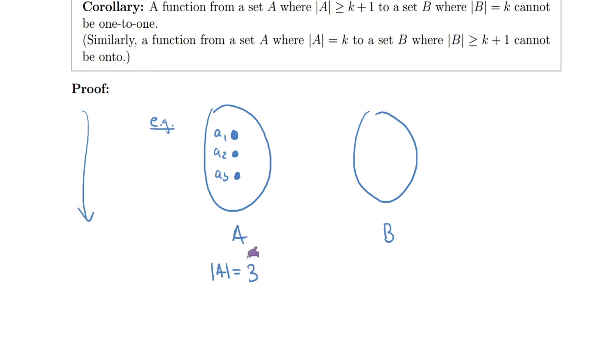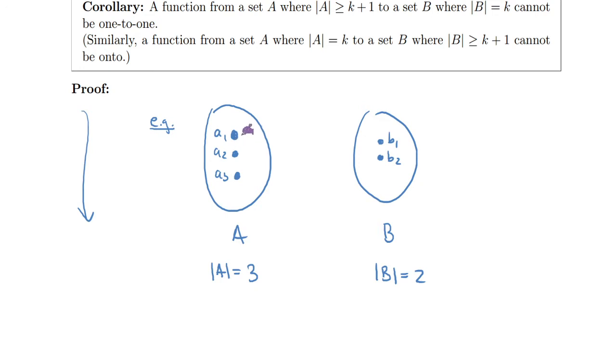I just want to make sure that the cardinality of A is strictly bigger than the cardinality of B. Let's say that B has 2 things in it. It could also have 1, and it would follow this situation, because you just want to make sure the cardinality of the domain is strictly bigger than the cardinality of the codomain.